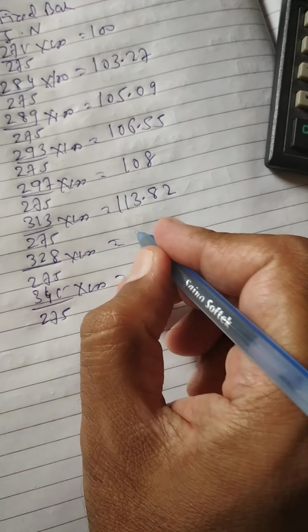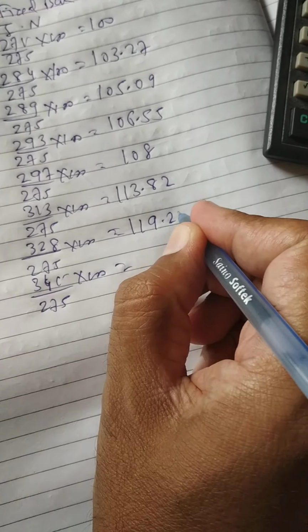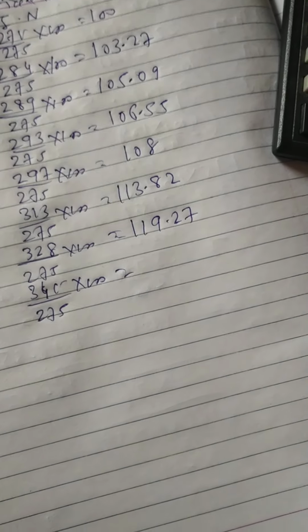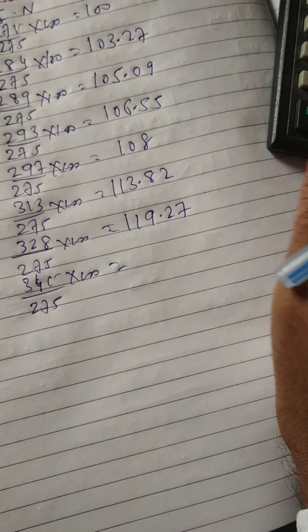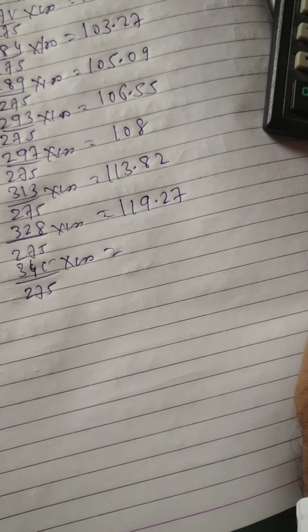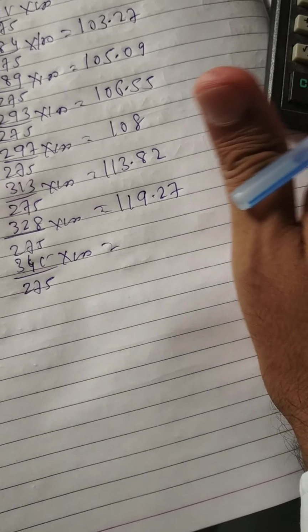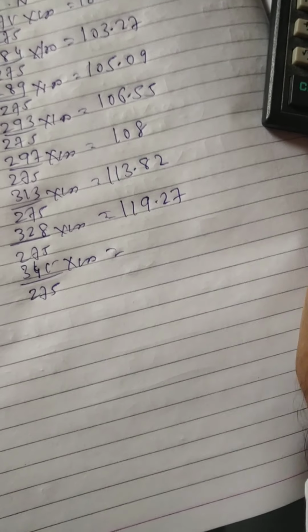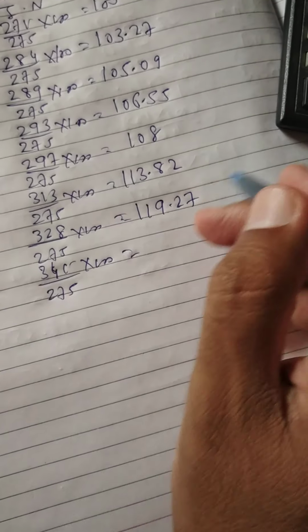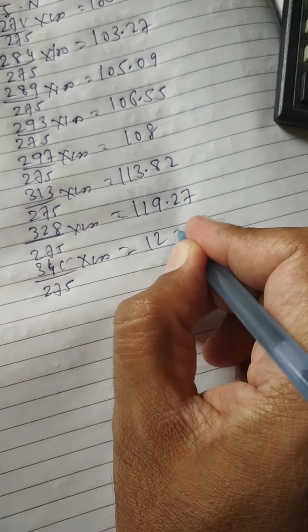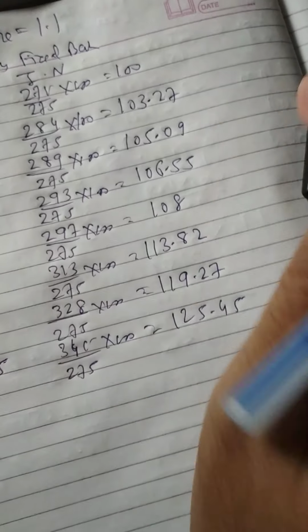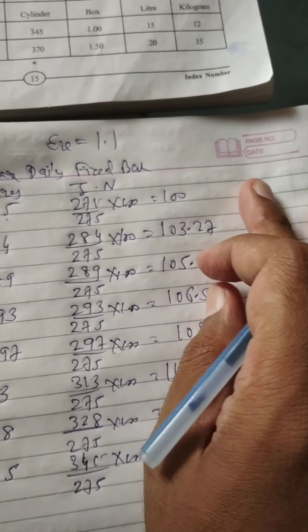Value is 119.27. Next value is 345 divided by 275 into 100. Value is 125.45. So this is a fixed base index number method.